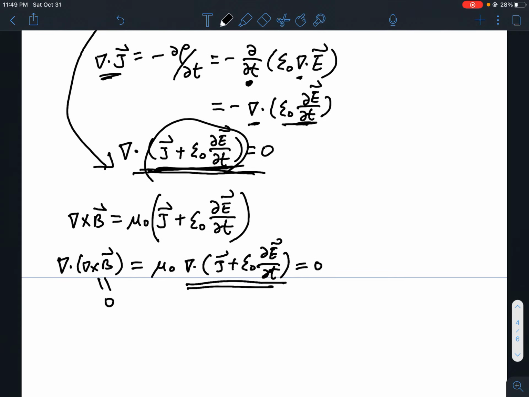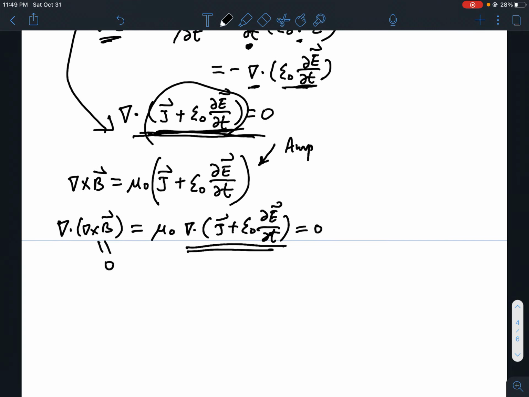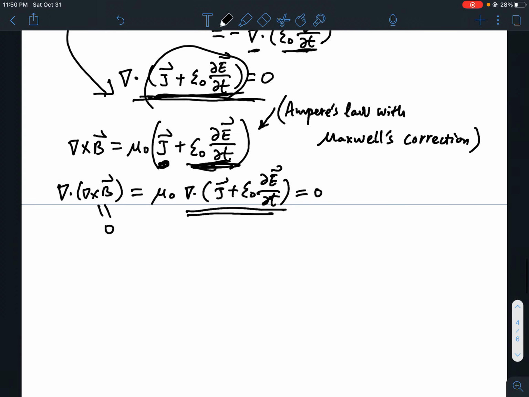This equation is really called Ampere's law, but Ampere's law with Maxwell's corrections. You can see the unit, this is current, so this term must also have a unit of current.